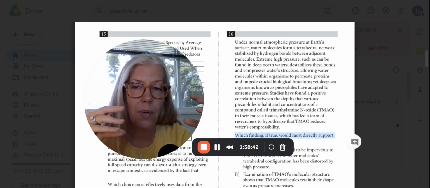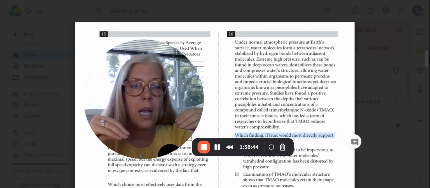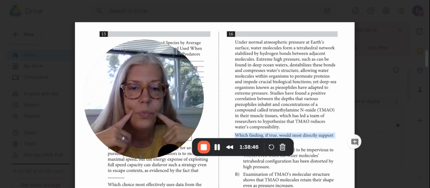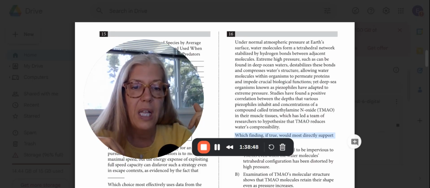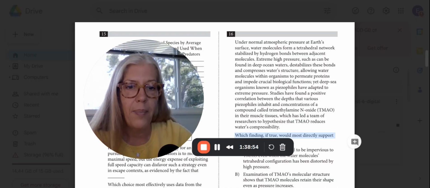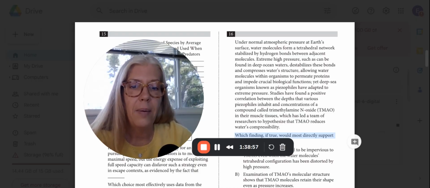So they go down deep, it's a lot of pressure, and they have TMAO in their muscle tissues, which has led a team of researchers to hypothesize that TMAO reduces water's compressibility. Oh, there's the hypothesis.